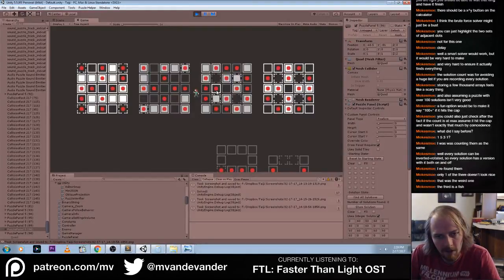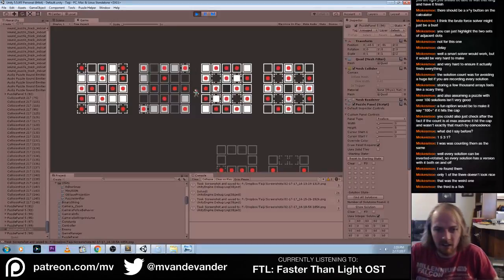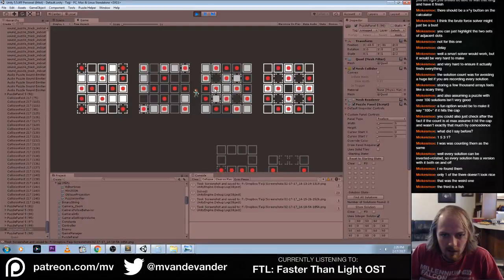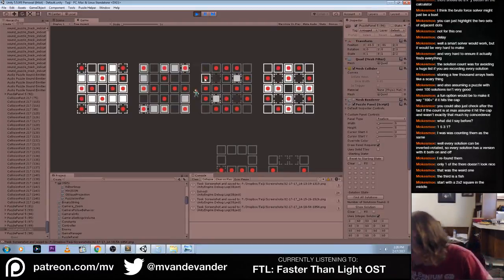I just don't know if there's any way for me to enforce that doesn't just break the puzzle a little bit weird. The third is a fish? What are you talking about? A fish? A fish? Like it looks like a fish?